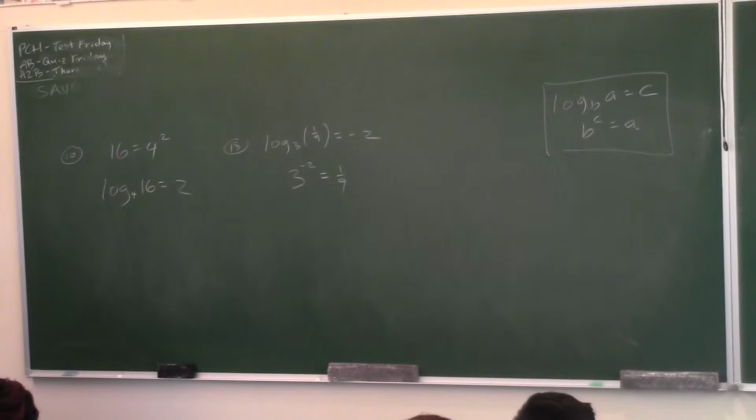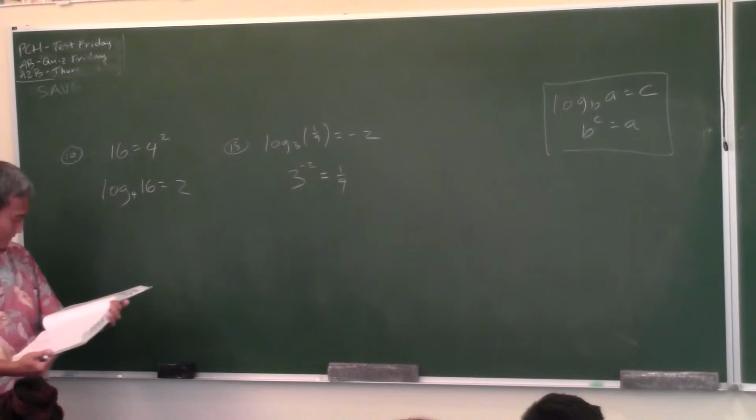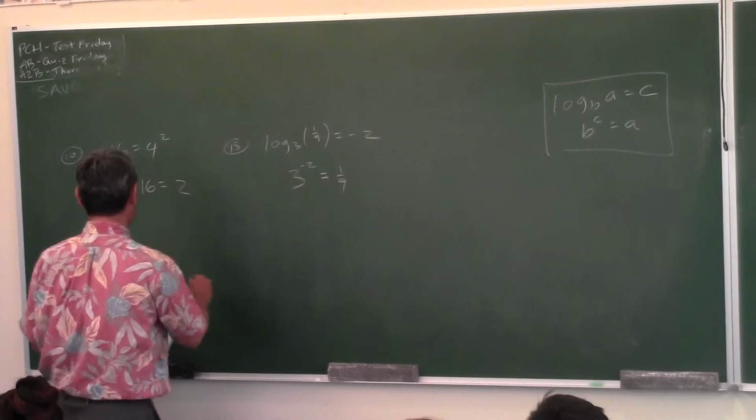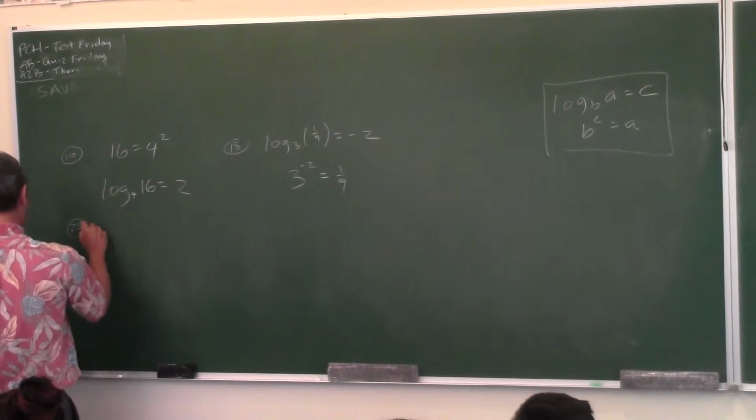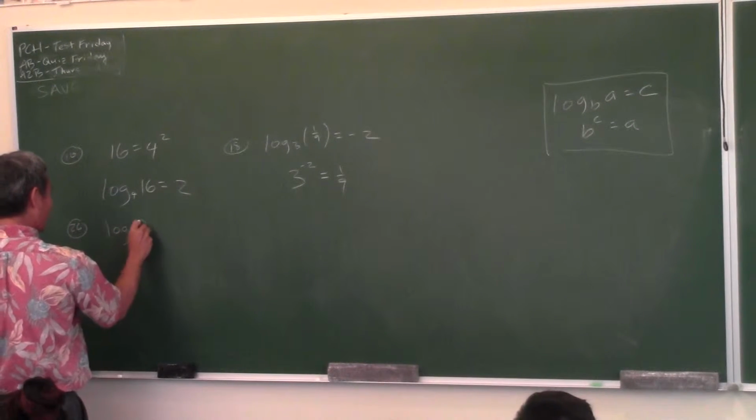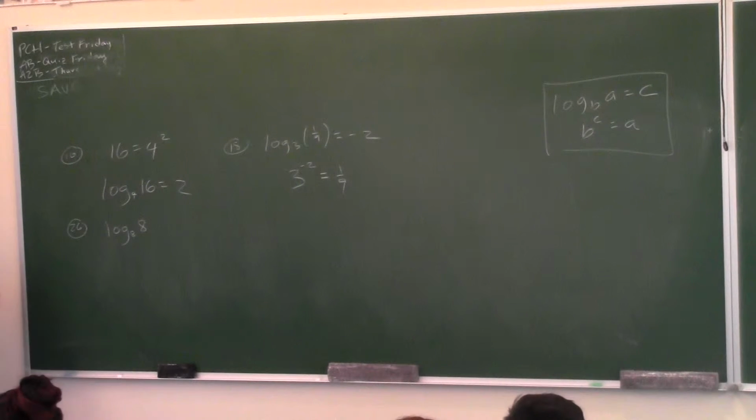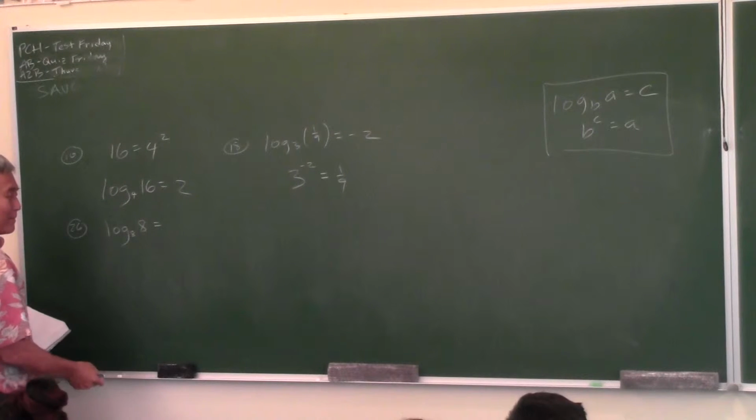And then the next 3 problems is 33. Find the exact value. Okay, so why don't I just do some of these? I'll do the even ones. 26. Log base 8 of 8. What is that equal to? Okay, let's say I don't know what this number is equal to.